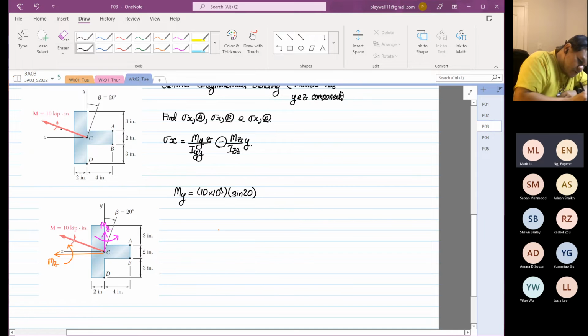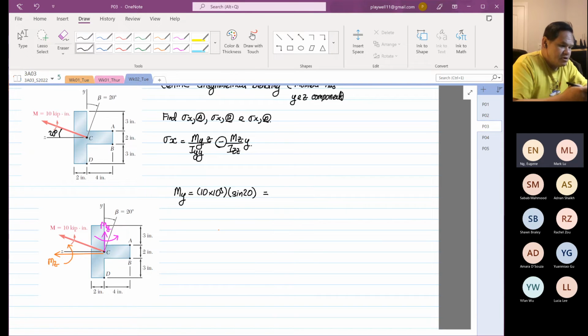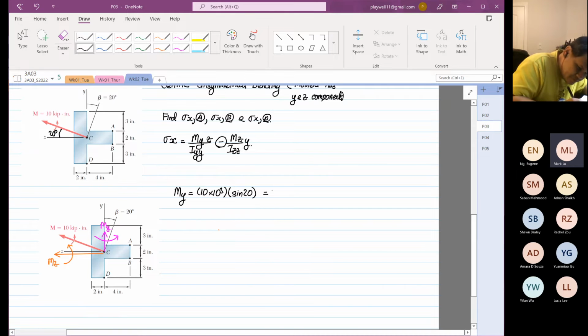Why sine 20? Because this angle over here is 20 degrees. So this is equal to sine 20 times 10 to the power 3, which is 3420 pound inch.